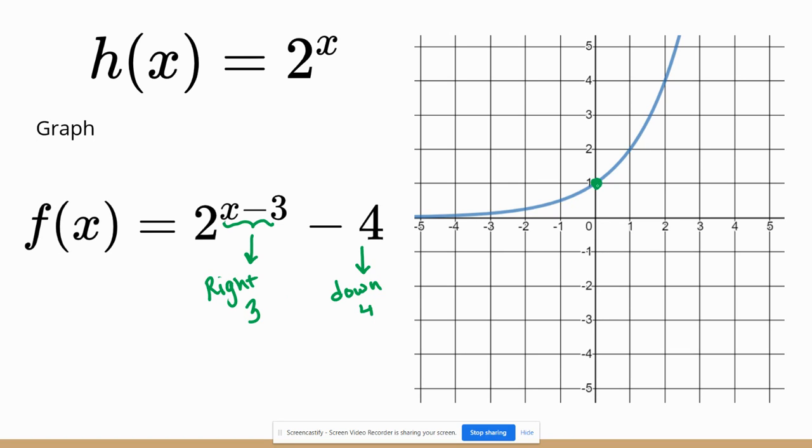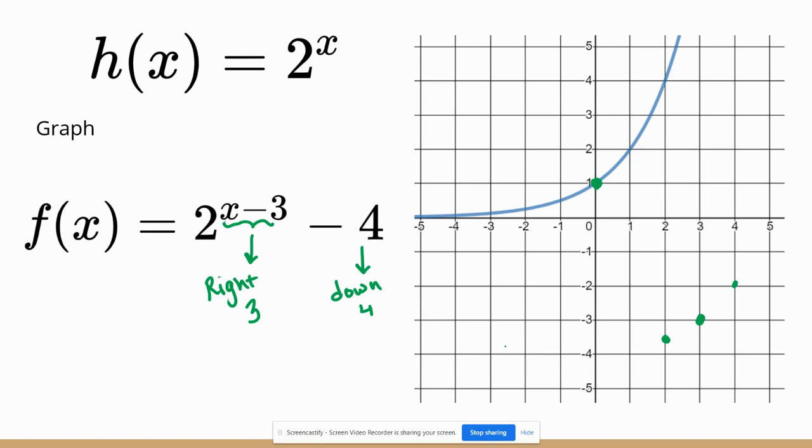I'm going to take that (1, 1) point, which is important. I'm going to take that point, I'm going to go right 3, and then I'm going to take that same point and I'm going to go down 4. All other points are going to follow that same pattern. So right 3, down 4 would be here. This one here would go right 3, down 4.